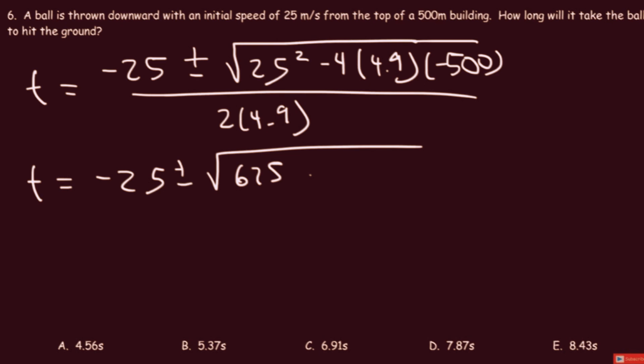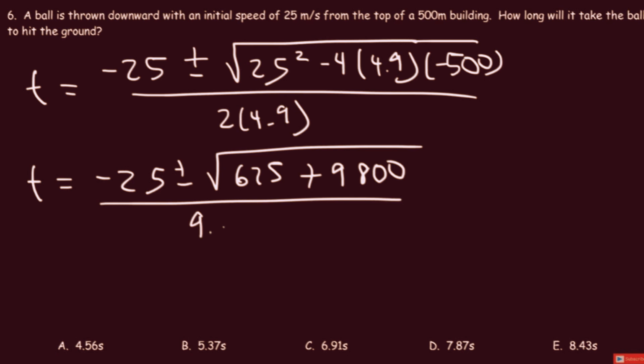That's a positive 9,800, and 2 times 4.9 is 9.8. So let's add 625 plus 9,800. So now we have negative 25 plus or minus the square root of 10,425.